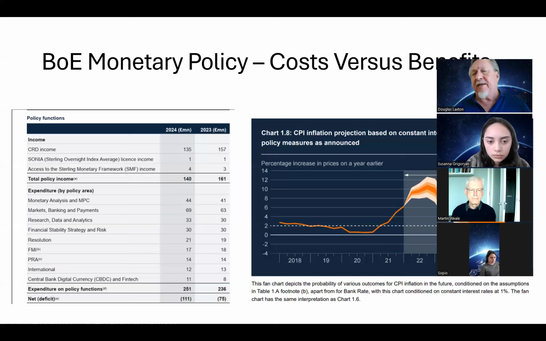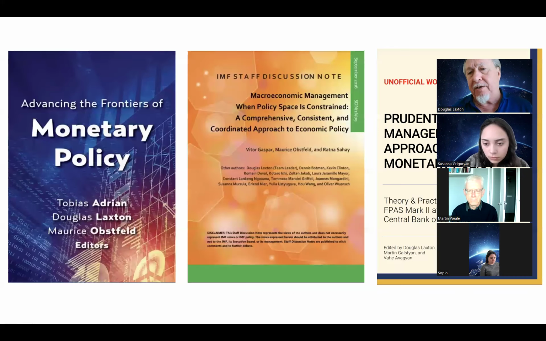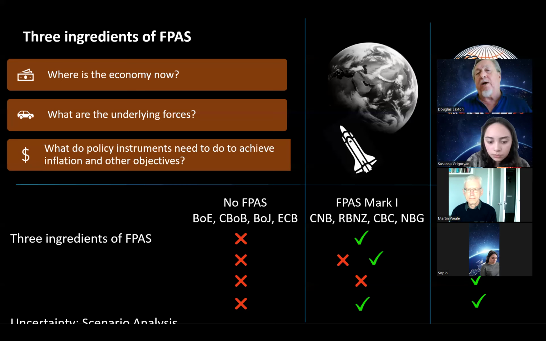Martin last week said that the jury is still out about what the cost of not having an FPass framework is. When we looked at this question in our 2018 book, which we published at the IMF, editors Tobias Adrian, Maury Obstfeld, and I took stock of the experiences of what were known at the time as these FPass Mark One central banks.